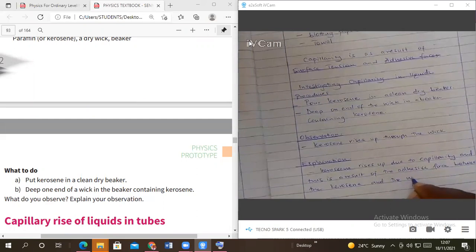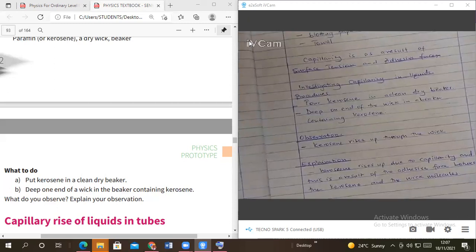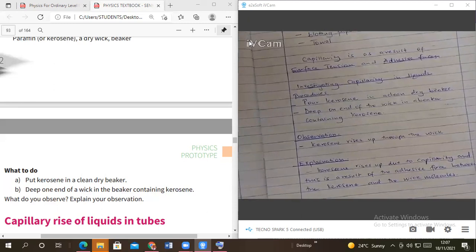That's why the kerosene will rise up. Adhesive force causes liquids to rise up. So that's why it will rise within the lamp wick. Okay.